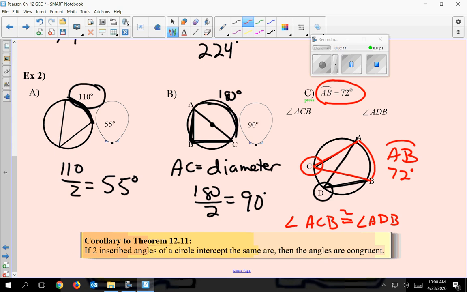So if they gave me the arc, I'm going to want to divide that by 2, and that's going to get me 36 degrees. Now, going back down to this corollary, if 2 different angles create the same arc, then the angles have to be the same. So ACB should be 36 degrees, and so should ADB. Now that's a test question right there. You will see that again. Not too difficult. They created the same thing, so that makes sense. They have to be the same.